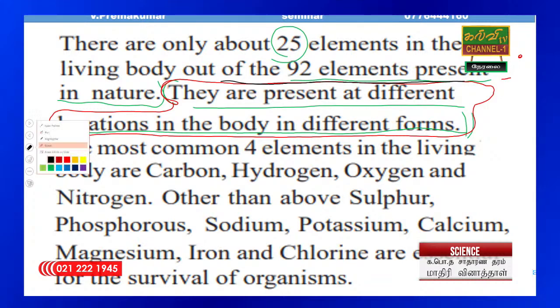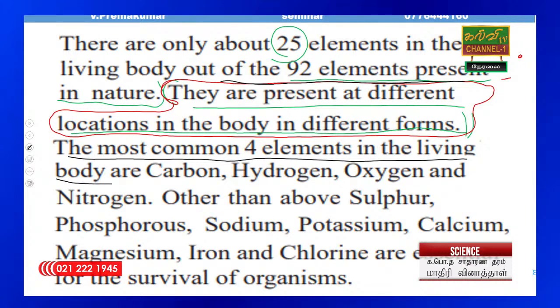After that, they explain what? The most common four elements in the living body are carbon, hydrogen, oxygen and nitrogen. These are the most common ones. Why the most common? For example, we depend on plants, directly or indirectly.